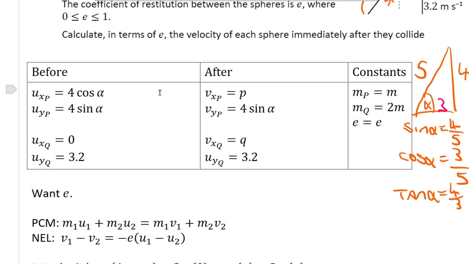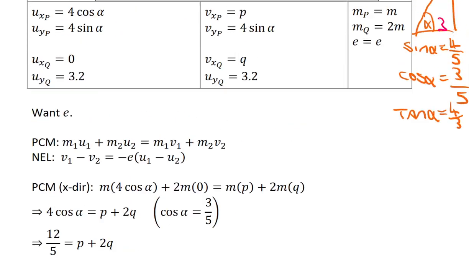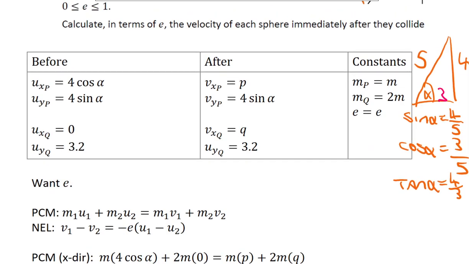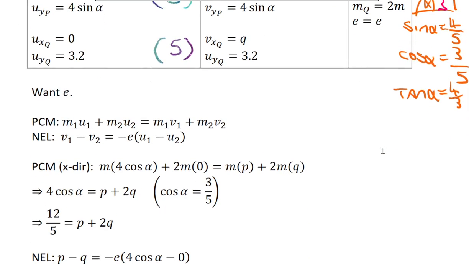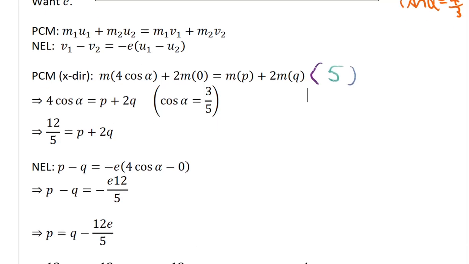So you get 5 marks for writing out what P has to be, and 5 marks for what Q has to be. 5 marks for the principle of conservation of momentum, and then 5 marks for Newton's experimental law.